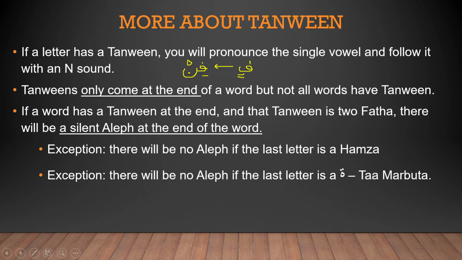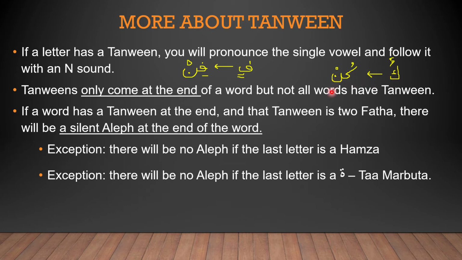Similarly, if I want to put a dhamma, this is how I'll do it. This is exactly the same as this. So if this is kun, then this is also kun. There's a dhamma, and then after that there's a noon sukoon.